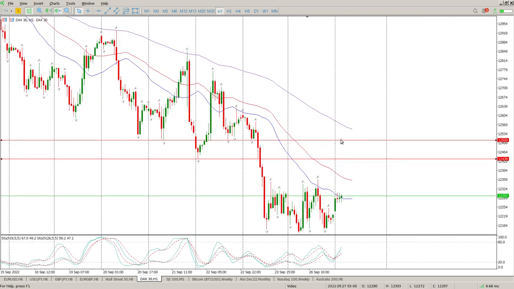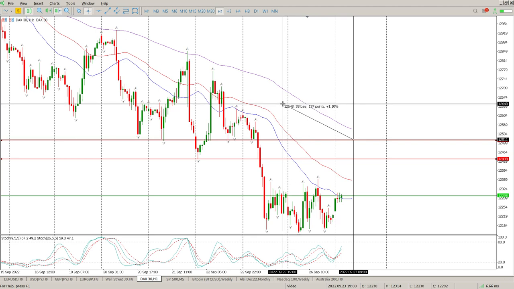So if we get rejection between 12,509 and 12,438, that is definitely an opportunity to short. And I would argue that the better opportunity is 12,509. That's the one that I would be paying very close attention to, and definitely take that trade. I'd even put a limit order in for that because my stop is 140 points.